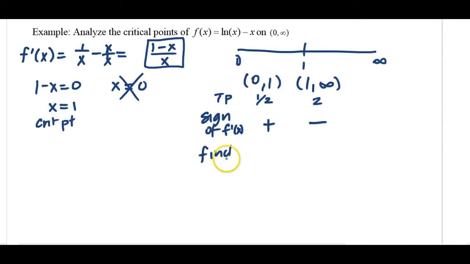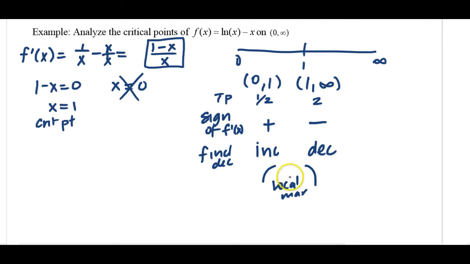So we have to decide whether f is increasing or decreasing. So we have increasing where the derivative is positive and decreasing where the derivative is negative. So a change from increasing to decreasing means local max.